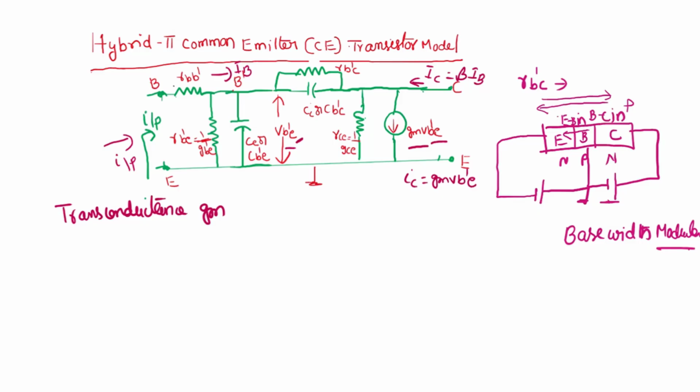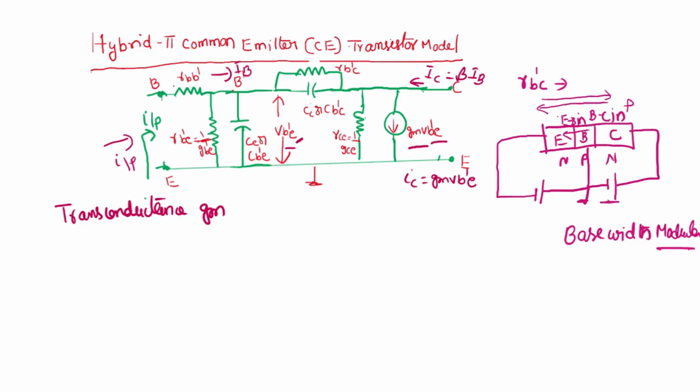To justify it on the output side, you have to include a dependent current source of value gm VB'E.